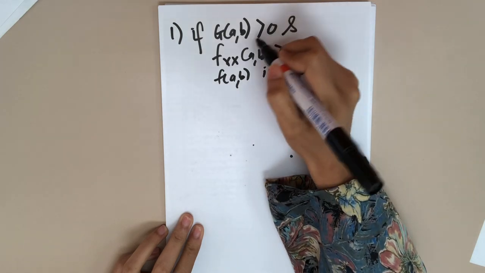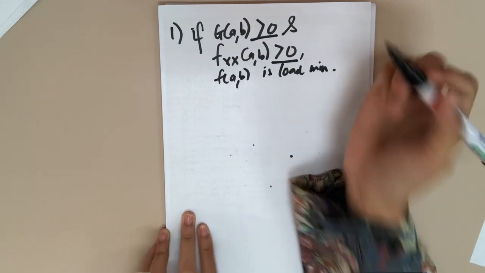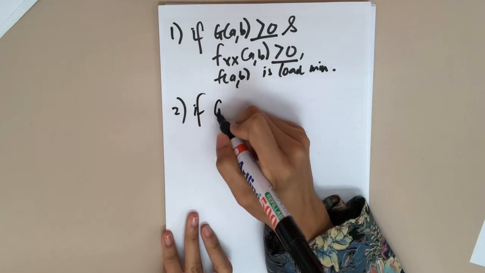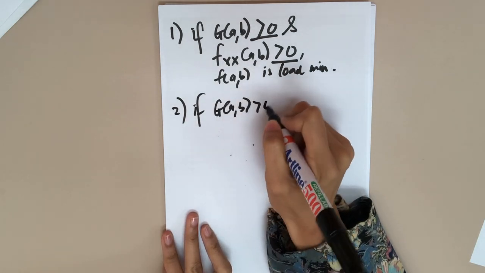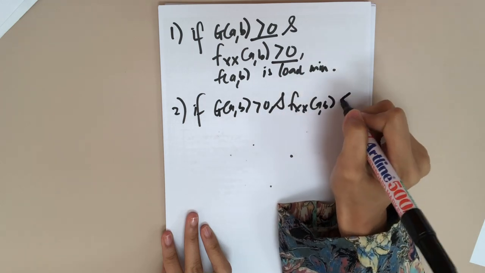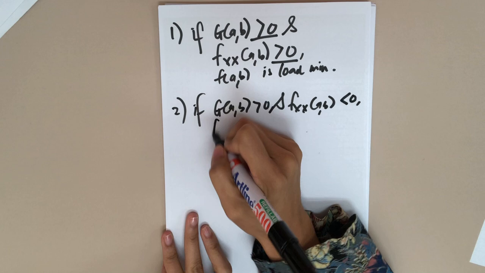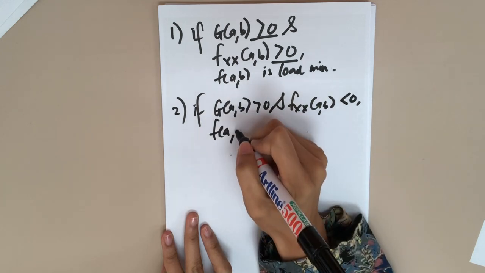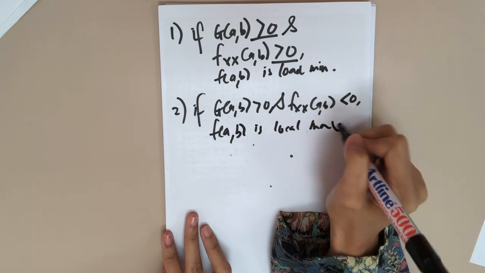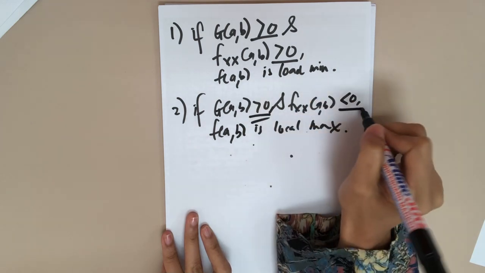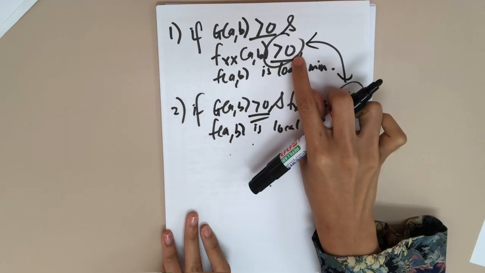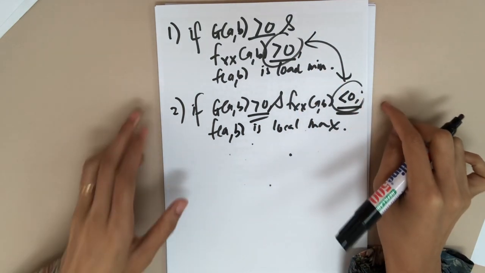The keywords here are this one and this one. Second condition: if G(a,b) is greater than 0 and fxx(a,b) is less than 0, therefore f(a,b) is a local maximum. That is the difference: the first is greater, the second is less than.